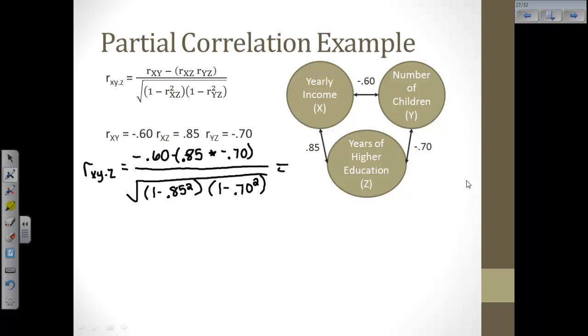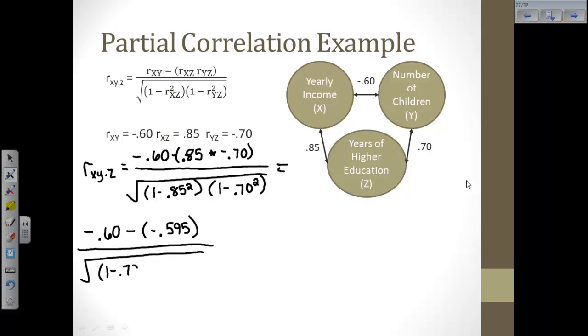All right, so then this becomes negative 0.60 minus, so 0.85 times negative 0.70 is negative 0.595. Okay, divided by the square root. So 0.85 squared is 0.7225. So 1 minus 0.7225 times 0.70 squared. So 1 minus 0.70 squared becomes 1 minus 0.49.